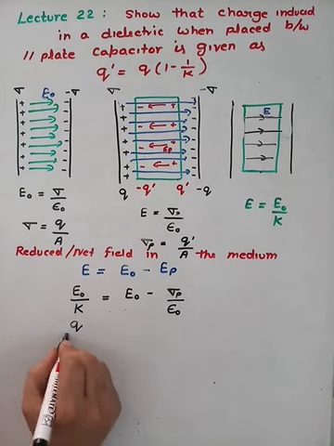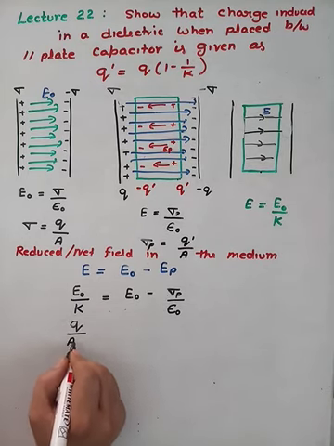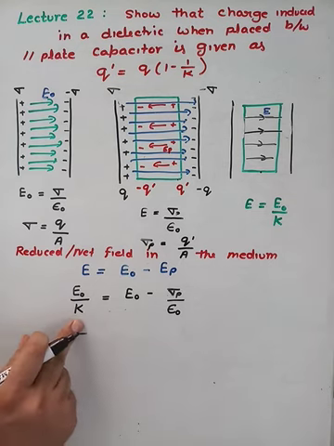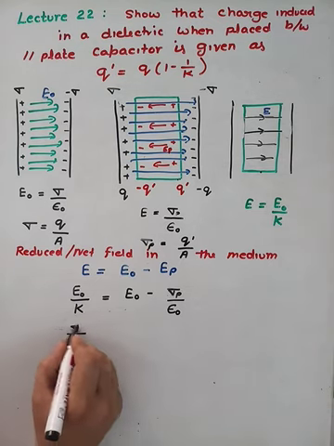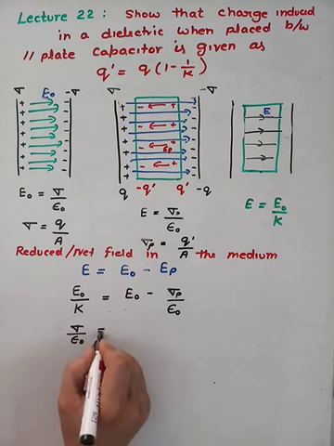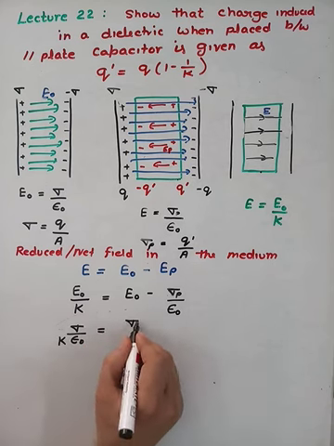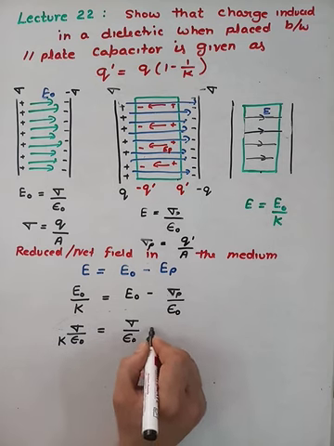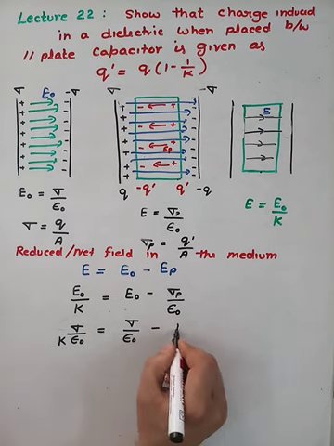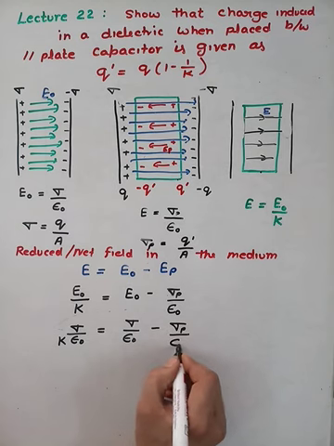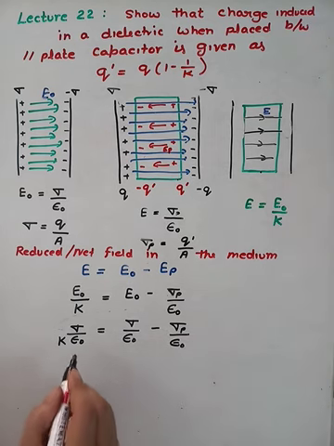E naught is sigma upon epsilon naught, with K: sigma by K epsilon naught minus sigma P by epsilon naught. This epsilon naught cancels out.